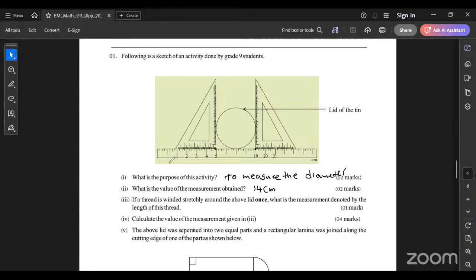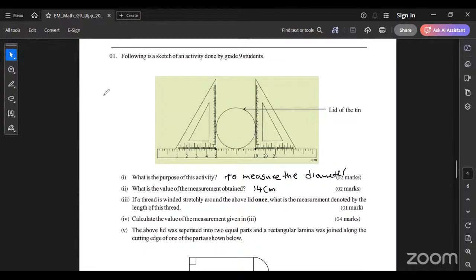Right? So, if a thread is wound tightly around the lid's boundary, what is the measurement denoted by the length of this thread? This is a circular lid. How do we find the perimeter of the circle with the radius or with the diameter? With the diameter.